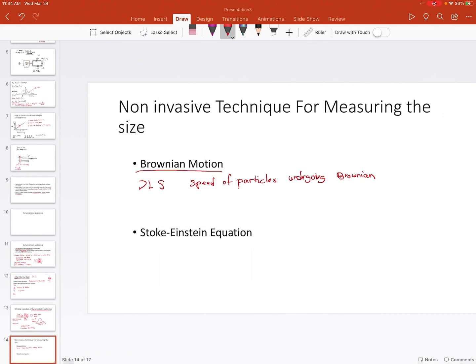We discussed how the DLS measures the speed of particles; actually, it measures the scattering light in different time intervals. So we know that small particles diffuse and move rapidly because of their size, and larger particles diffuse slowly.